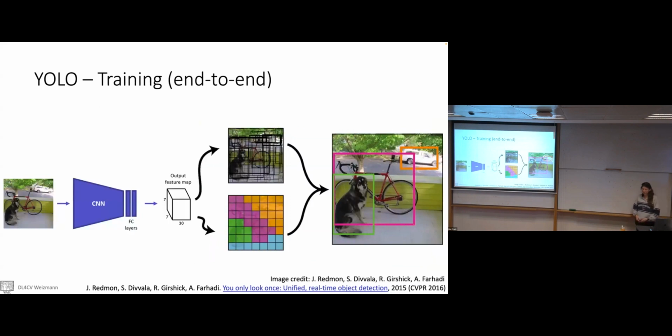So I explained to you basically how the evaluation works and what this network is doing, and how we're going to train this type of network. First of all, you can see why it's called you only look once: you only have one CNN evaluation, and the output is the output feature map, which is again the 7x7x30 grid that has the bounding boxes and the class predictions.